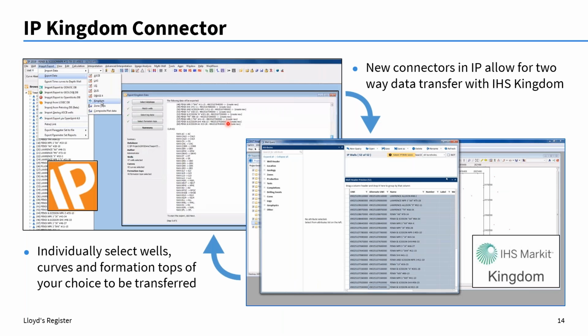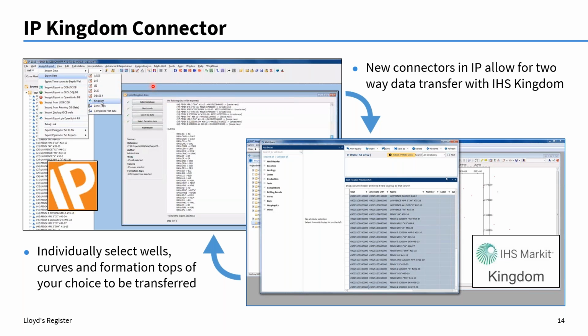Another piece of news: in IP 2019, we came to an agreement with IHS Markit to bring our IP product and their Kingdom product closer together. To do this, we created a Kingdom connector within IP. It is available under the export data menu, and in there you'll notice a Kingdom option, and you could transfer data between IP and Kingdom or Kingdom and IP.